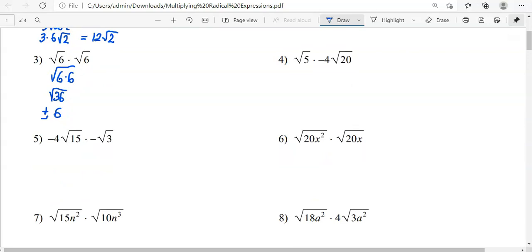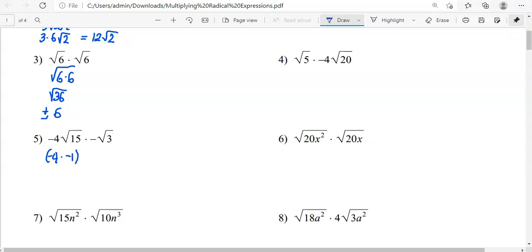Negative 4 times square root of 15 times negative of square root of 3. So, we will multiply the numerical negative 4 and the imaginary numerical, which is negative 1. So, we will have negative 4 times negative 1.